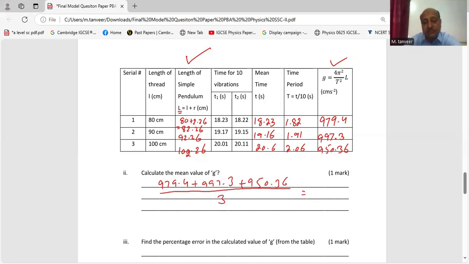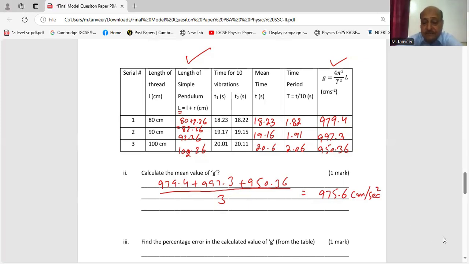So you will find the mean value of g: 979.4 plus 997.3 plus 950.36 divided by 3 gives 975.6 centimeter per second square. This is your mean value of g.